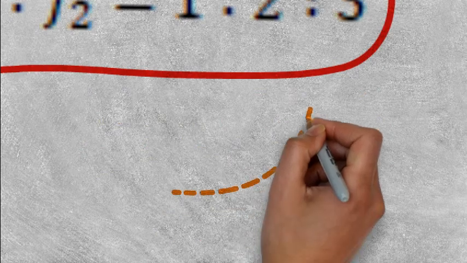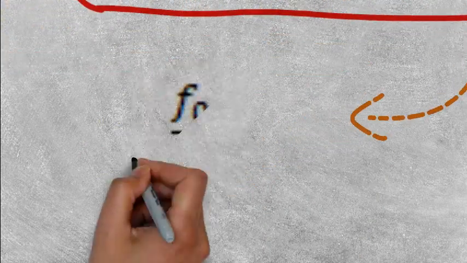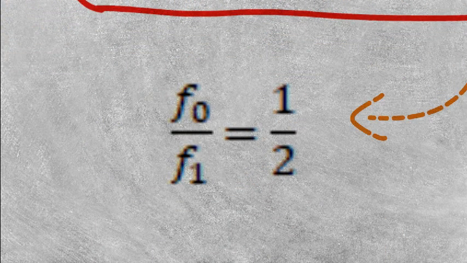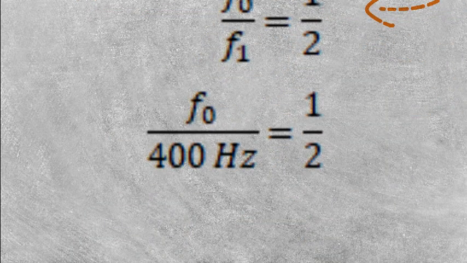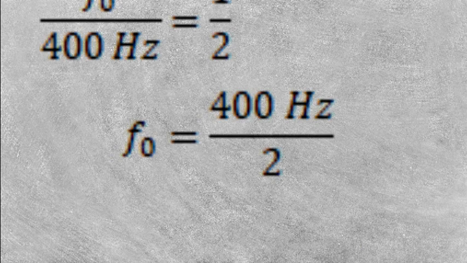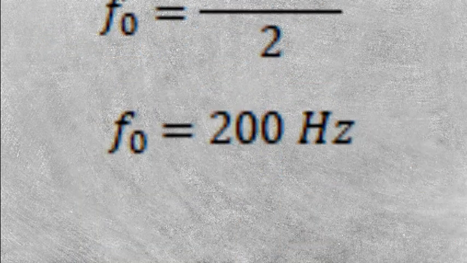So if we count the frequency of the fundamental harmonic, it gets 1 part, and the first harmonic gets 2 parts. So the frequency of the fundamental harmonic is half of the frequency of the first harmonic. So the frequency of the fundamental harmonic is 200 Hz.